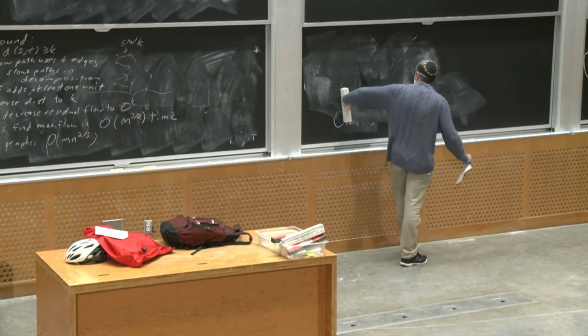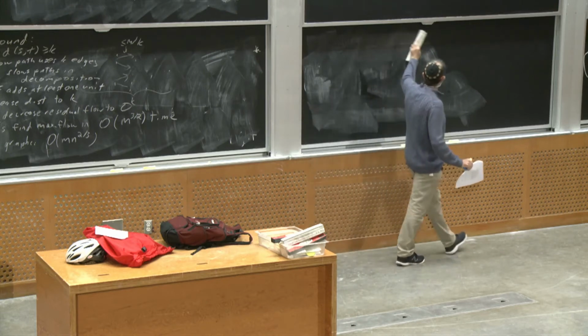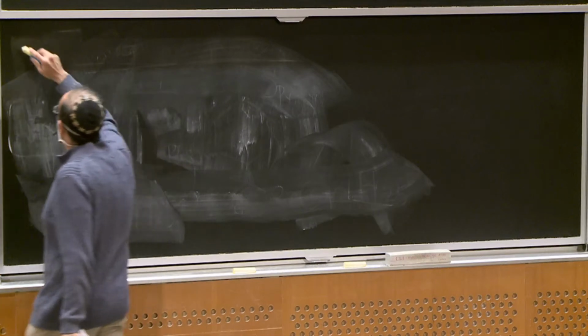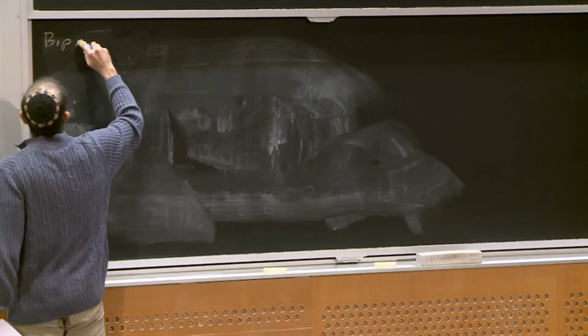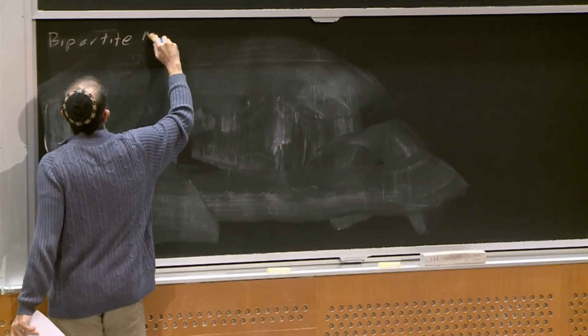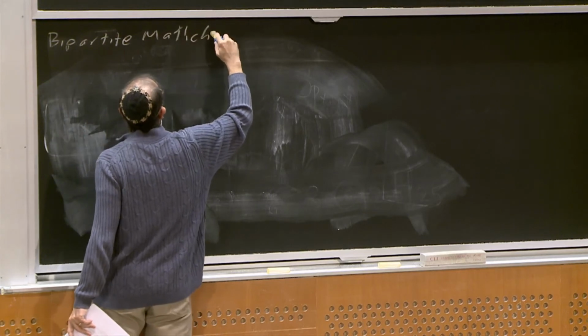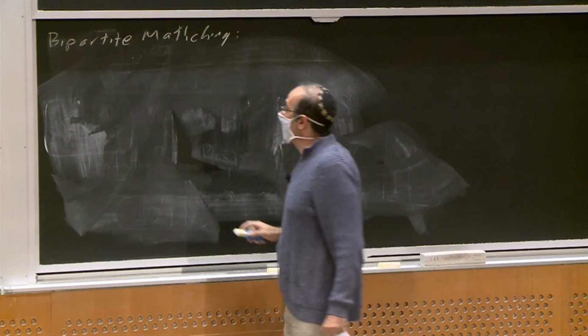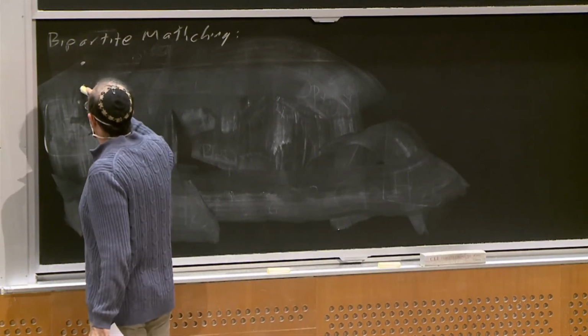And finally, there's a special case for max flow where this turns out to be really useful, which is what's called the bipartite matching problem. So in the bipartite matching problem, you're given a bipartite graph.